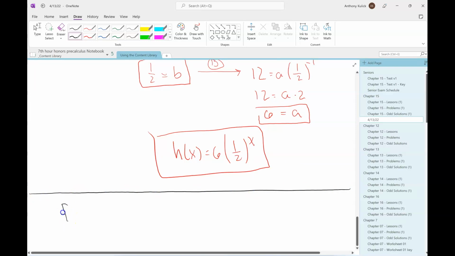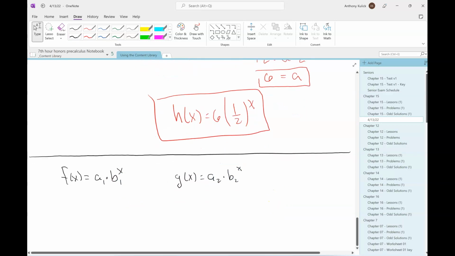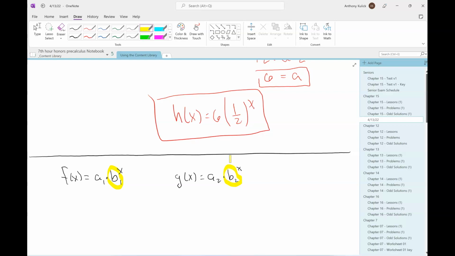So the next idea we want to talk about, so we have these exponential functions, right? Let's say that I have two different ones. If I want to compare them, this is not often super obvious what to do. If the bases for the exponentials are different, that tends to be the biggest predictor.